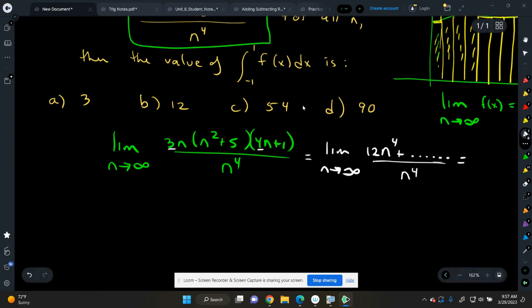So that equals 12. So if I approach an infinite number of rectangles, then it looks like my Riemann sum is actually going to be 12.